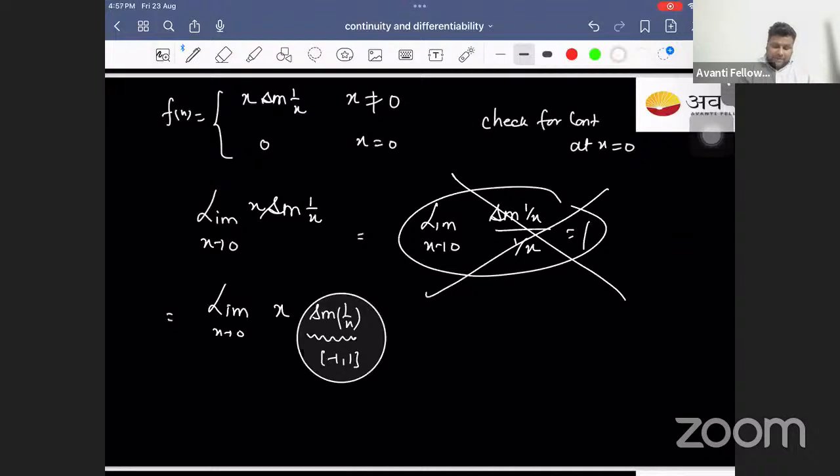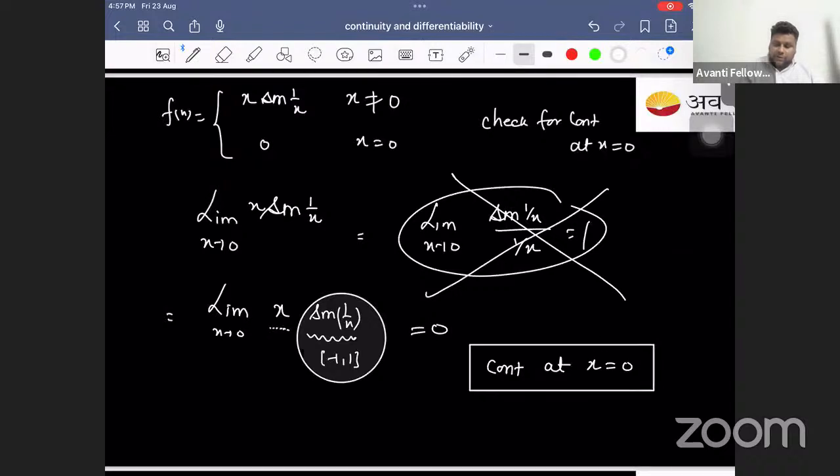And now you are multiplying it with something which is very close to 0, as x is approaching 0. So some 0 into some other finite number which is not known to us, but the answer will be 0. So what do we say? It is continuous at x equals 0. Very, very important question. Got it?